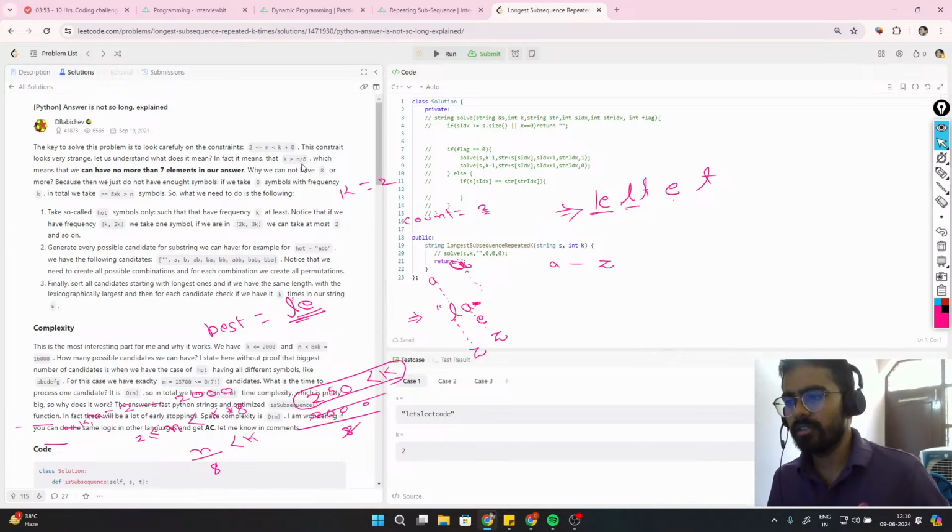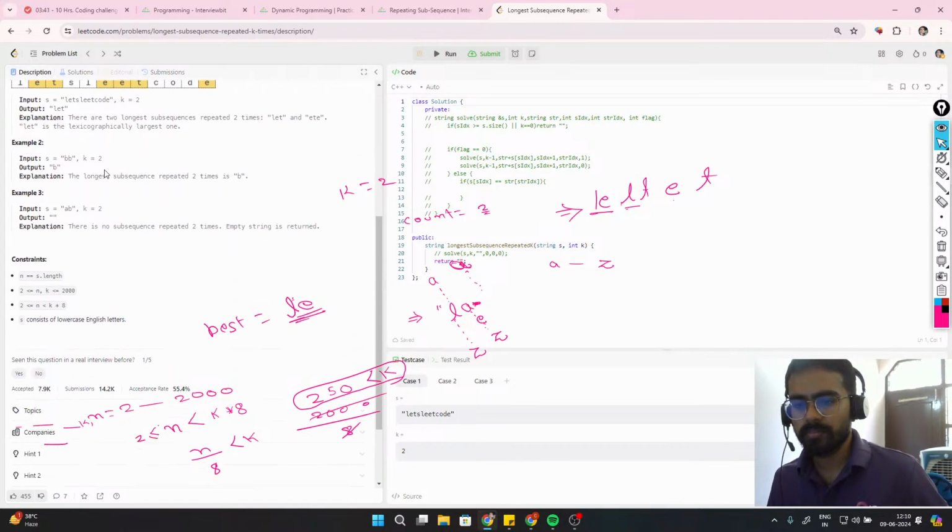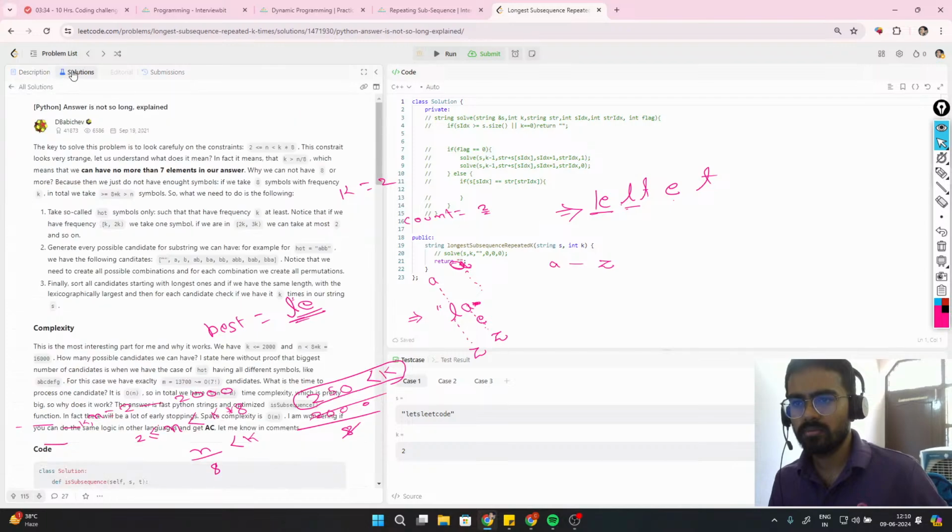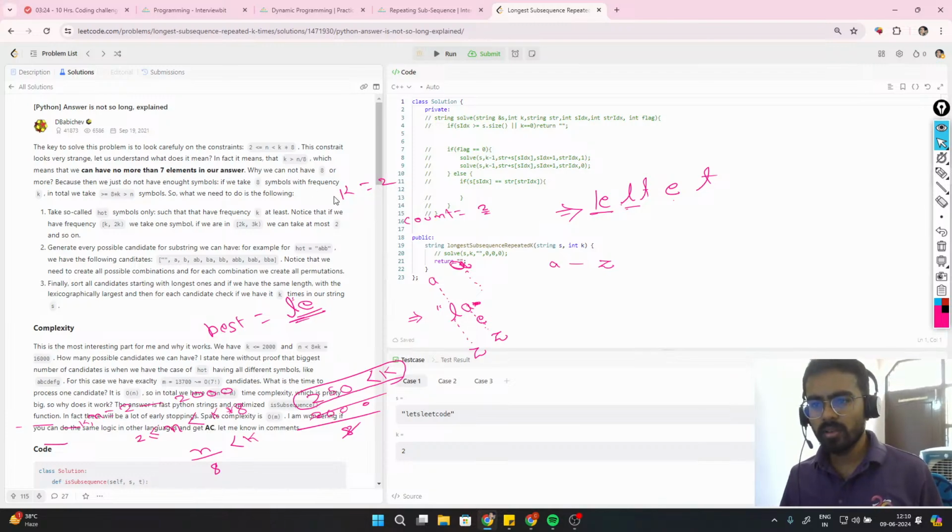K can be greater than N by 8. N is ranging till 2000. This is what the description is saying. N and K both range till 2000. K is greater than 1, which means that we can have no more than 7 elements in our answer.